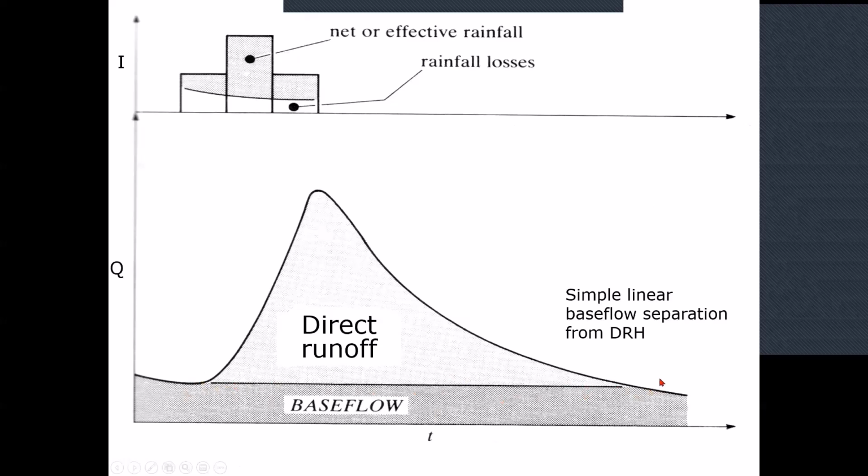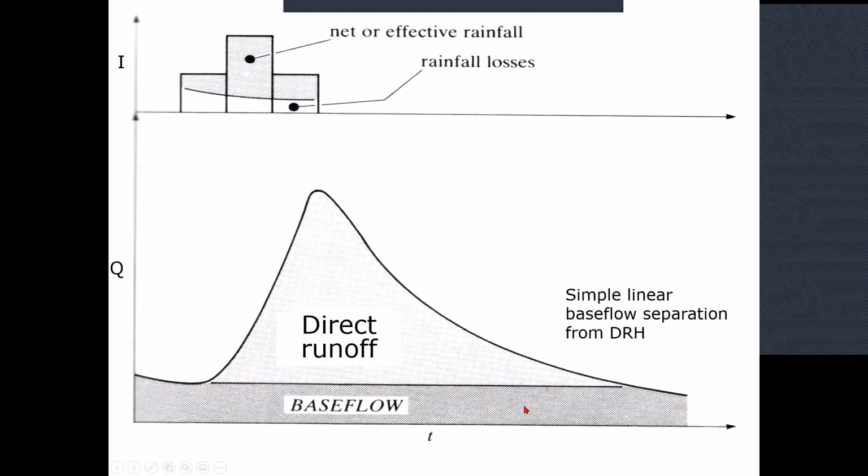However, from a mathematical or graphical standpoint, this may be a very convenient and certainly a very simple way to separate the direct runoff from the base flow, i.e. you take the discharge level immediately preceding the event. So just before the event, the hydrograph started to rise, you take the lowest discharge observed, and then you just extrapolate linearly across and you subtract everything, and then anything above that is your direct runoff hydrograph.